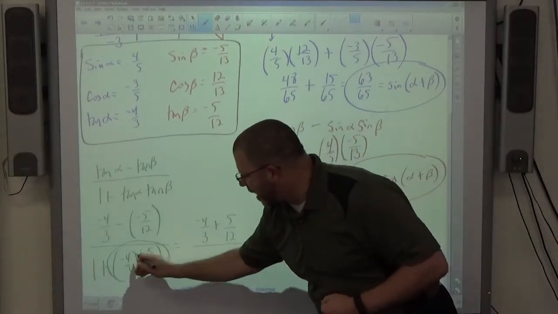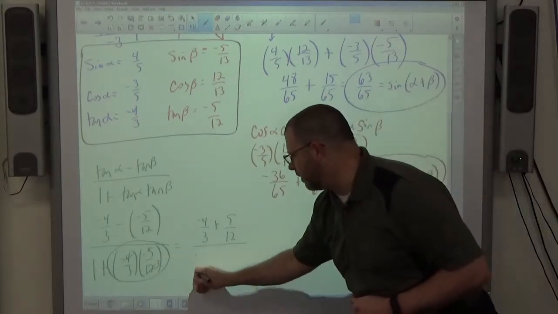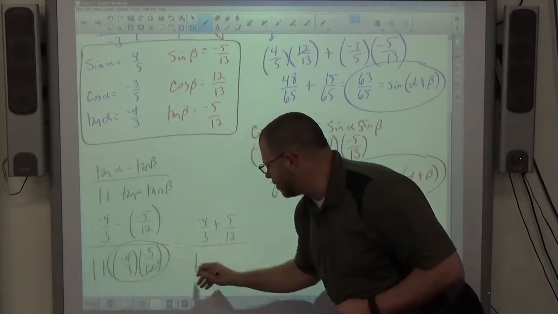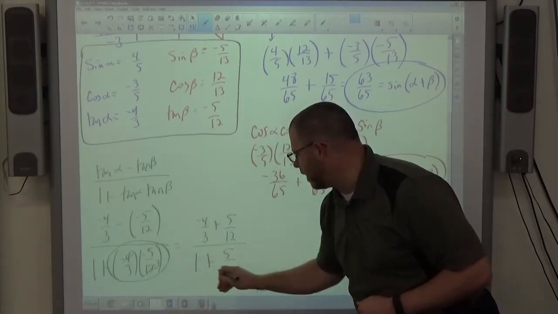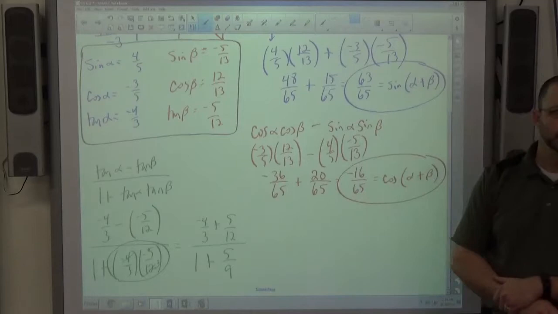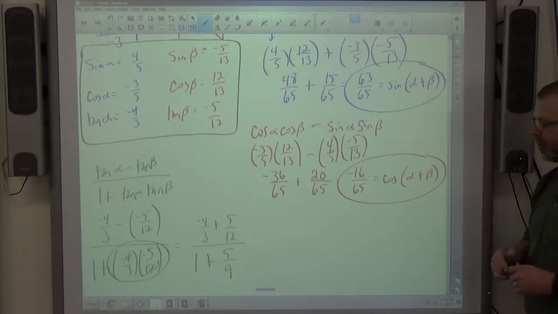So the fact that this 4 and this 12 reduced to a 3, that's helpful. So I'm going to get 1. And then minus minus makes a plus. On top, 1 times 5 makes 5. On the bottom, 3 times 3 makes 9. And again, 5/9 is better than 20/36. All right? So reducing fractions there is useful.